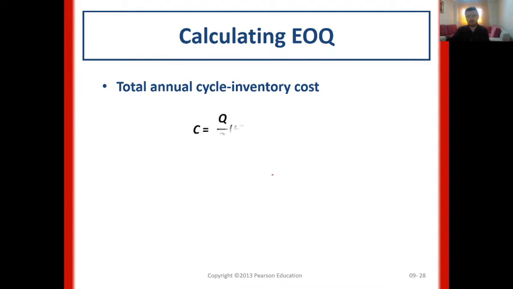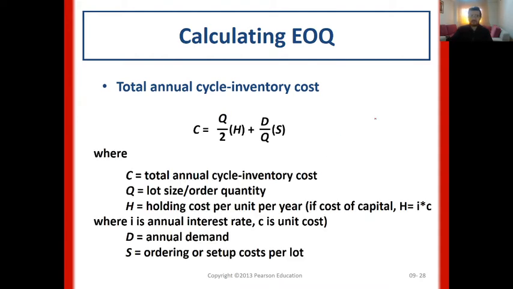and then we will calculate the total setup cost or ordering cost. As I just said, Q over 2 is the cycle inventory, and H is the holding cost per unit per year. If the holding cost is not given, you can simply take it as the cost of capital. To calculate the cost of capital, you can use the annual interest rate and the unit cost of the item.